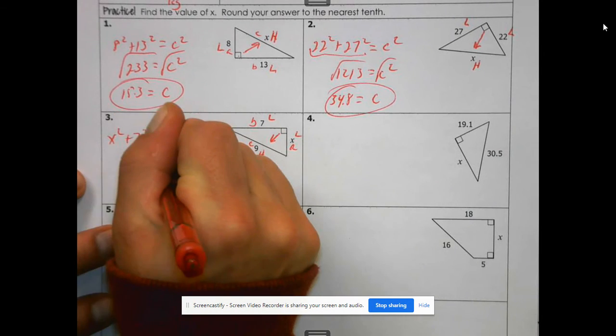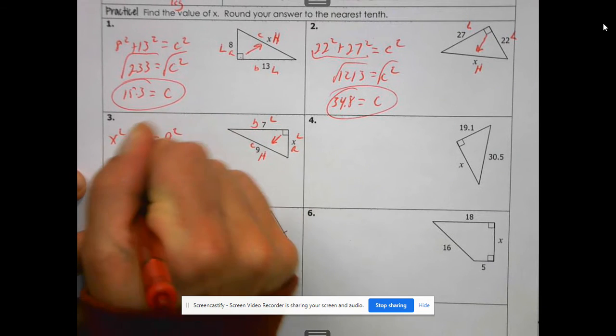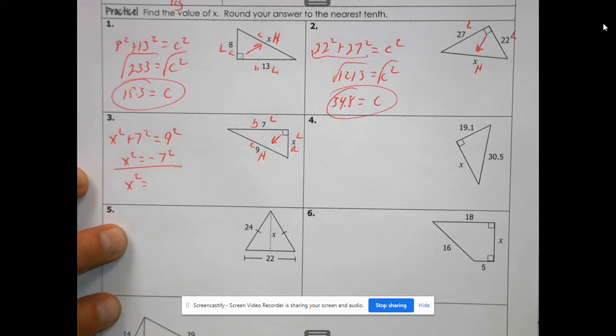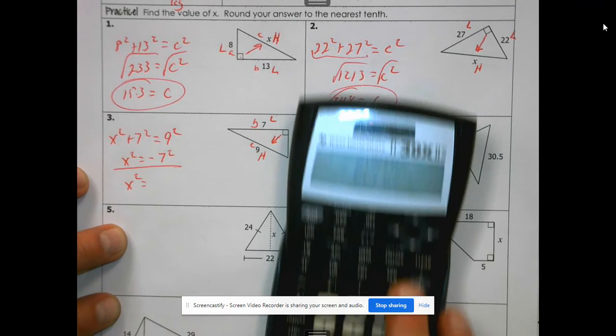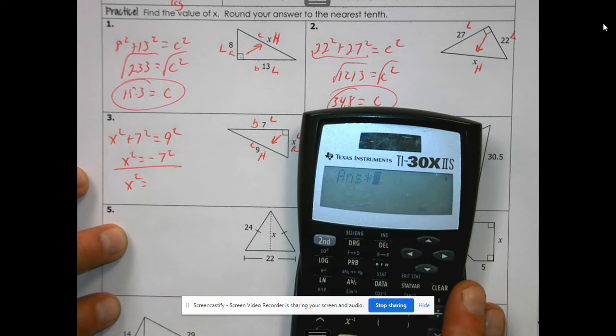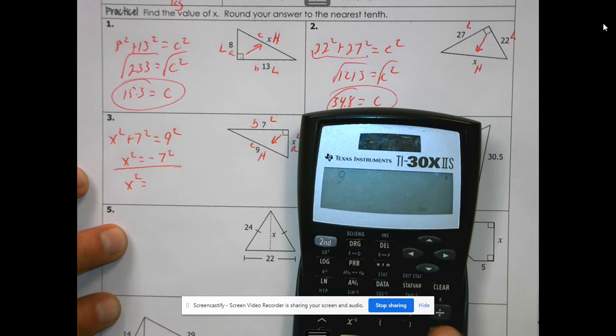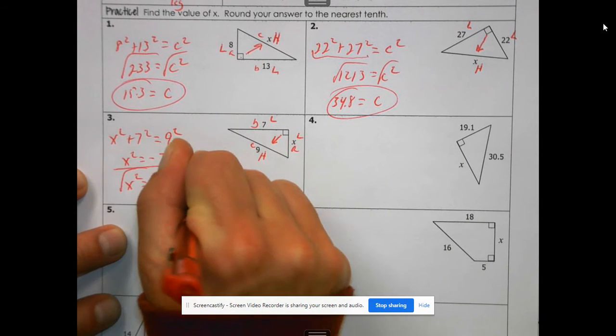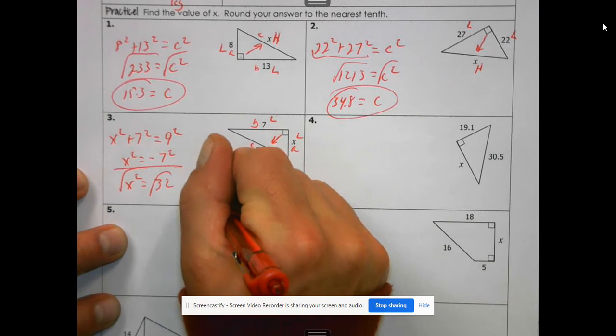I'm going to subtract over the 7 squared. So when I do that, 9 squared minus 7 squared comes out to be 32. Then I have to square root that. That comes out to be 5.7.